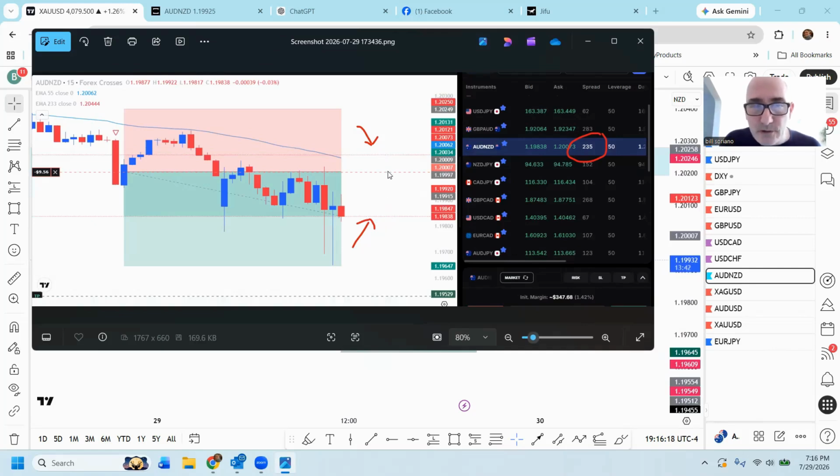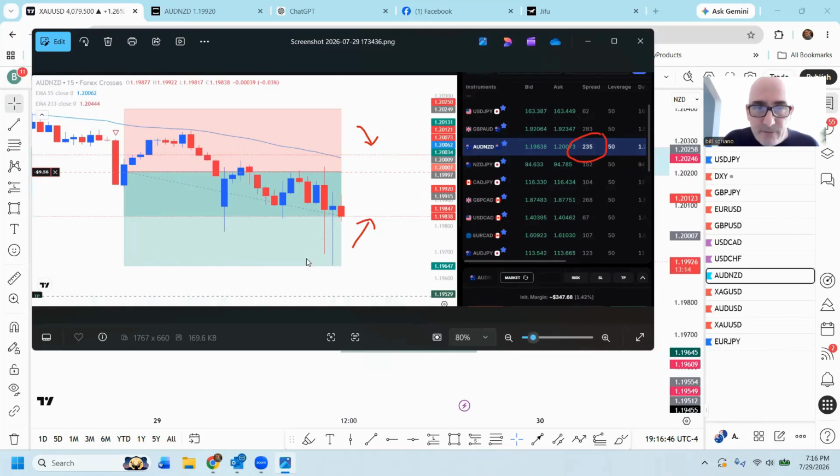Okay. So in order to buy, if you look over here, the spread at this time was 23 and a half pips. The normal spread on this pair is less than a pip. But during the rollover period, the spread opens up to 23 and a half pips. And you also get these big giant wicks. See how you get these wicks going all the way down to the bottom of my zone that I have marked up, right?